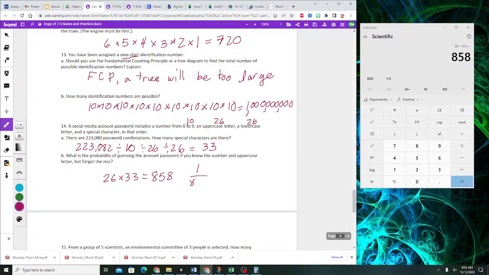So you have a probability of 1 out of 858. 1 divided by 858, times 100, gives you a 0.12% chance of guessing it right.